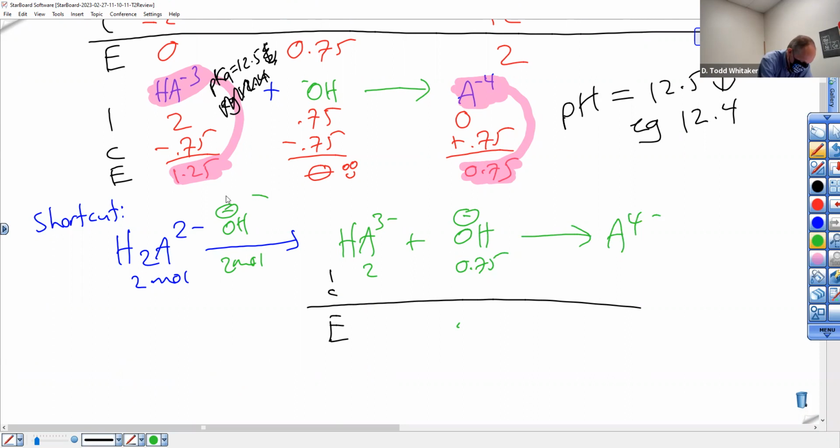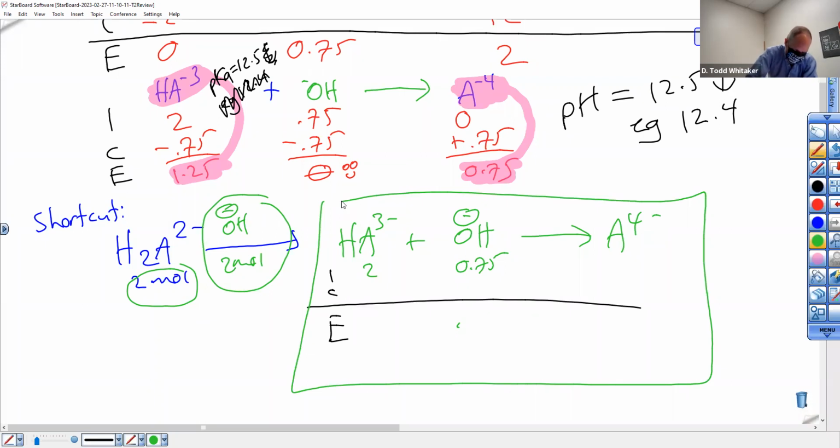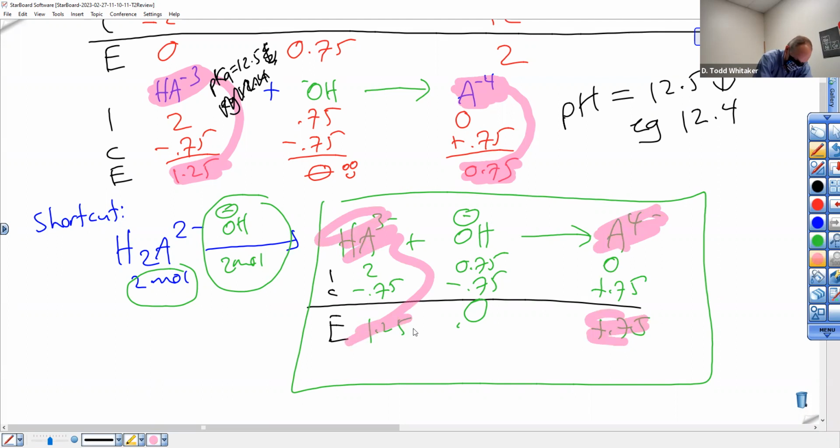You use 2 moles of your hydroxide to react with 2 moles of this to get this ICE problem set up. If 2 moles of hydroxide are gone, you're left with 0.75. You kind of did the ICE problem in your head. But it's 100%. You're done. It's over. So you don't need an ICE for that. And then it's going to be minus 0.75, minus 0.75, 0, 0.25, 0, 0.75. And you're at the same place, right? Same answer.